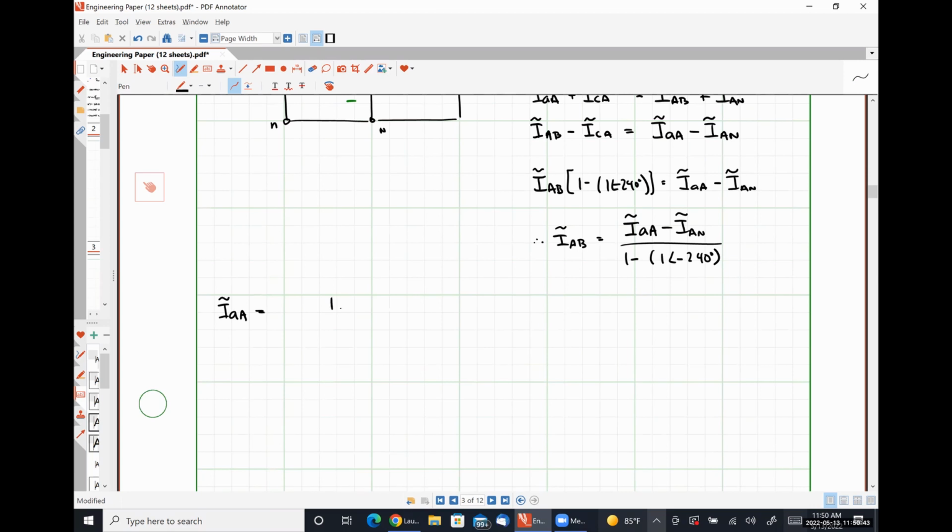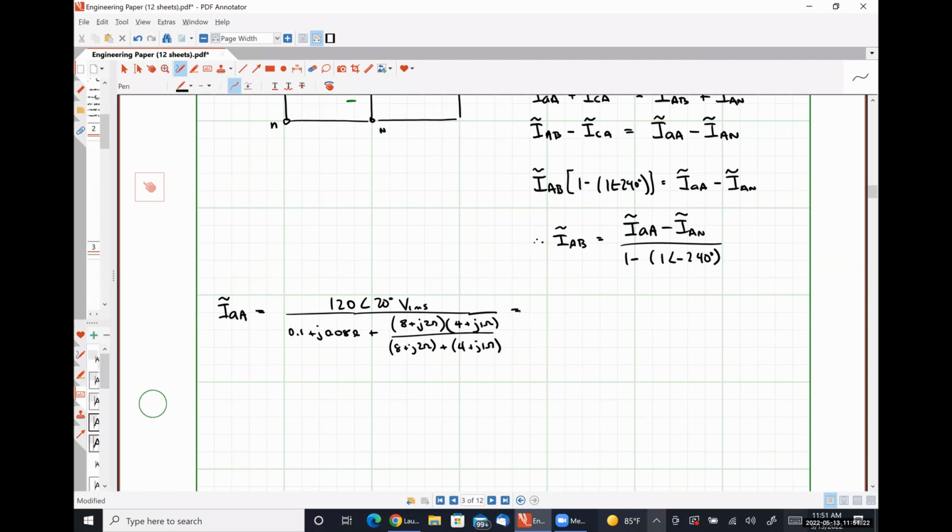That would look like 120 angle 20 degrees volts RMS divided by 0.1 plus J 0.08 plus 8 plus J2 times 4 plus J1 over 8 plus J2 plus 4 plus J1.